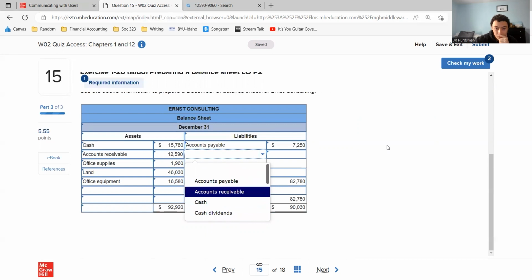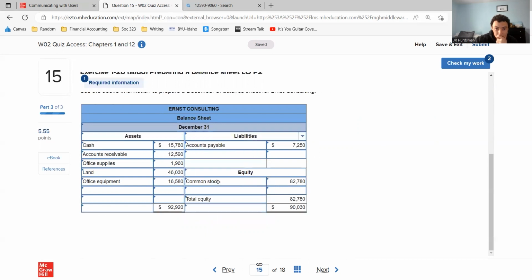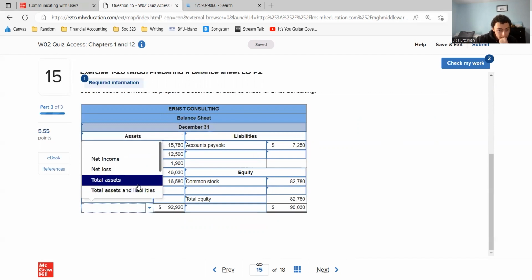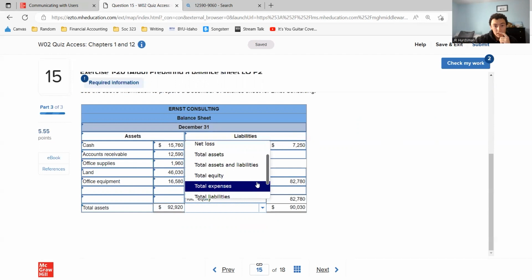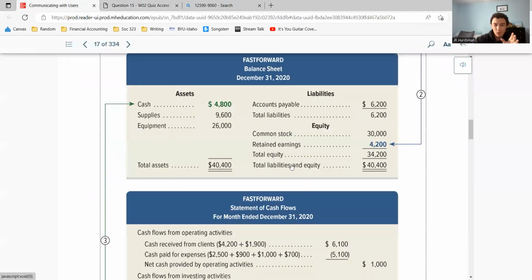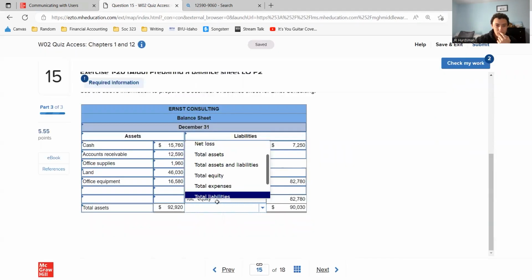Oh, there's not one for that. All right, cool. So total equity, and then over here, this would be total assets. And then over here, I assume this is just total liabilities and equity. Let's double check. Total liabilities and equity. Yeah.